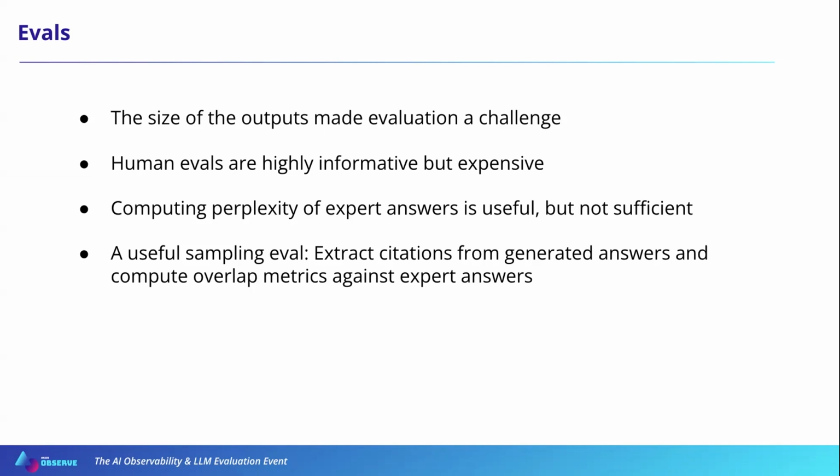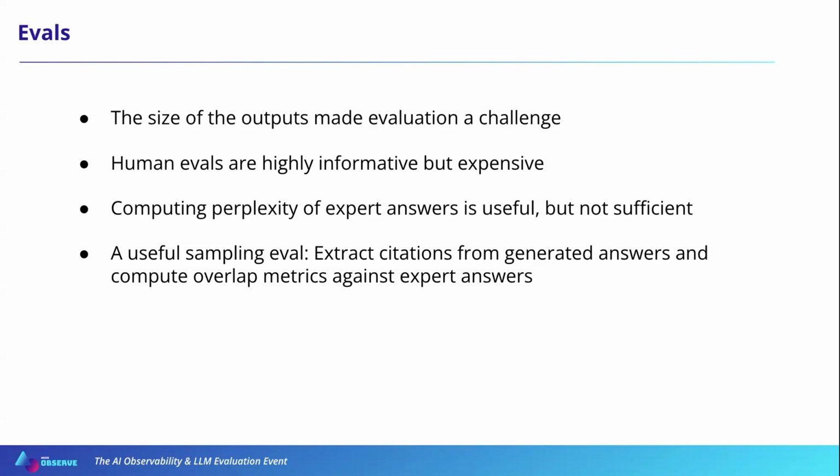So one straightforward eval is simply to compute the perplexity of expert answers, but there is no substitute for actually sampling an entire output from your model and somehow evaluating how good it is.